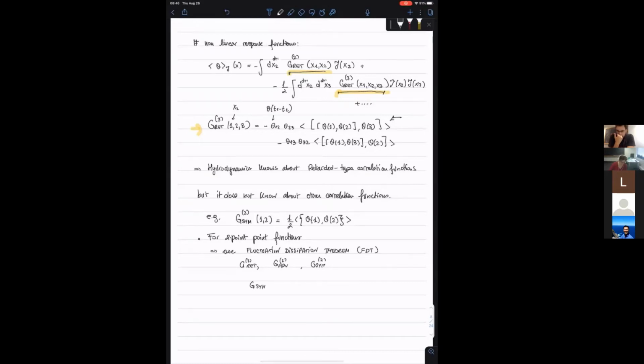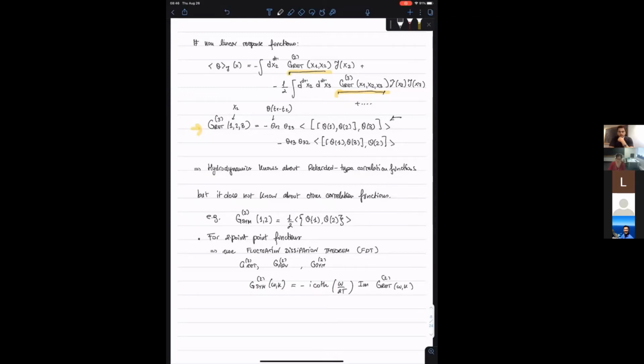The symmetric correlator, written in Fourier space, can be obtained from the retarded correlator.